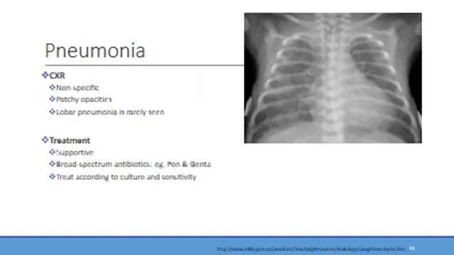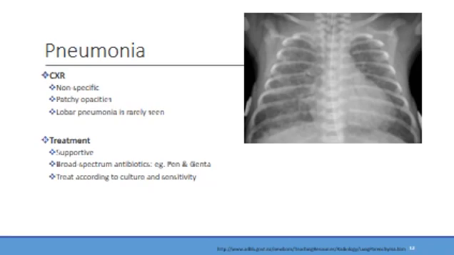The radiological appearance of a congenital pneumonia can be very nonspecific and difficult to distinguish from RDS or even meconium aspiration syndrome. So the history again remains very important. Patchy opacifications can be seen affecting both lungs, as it is a bronchopneumonic type of picture, and lobar pneumonia is very rarely seen.